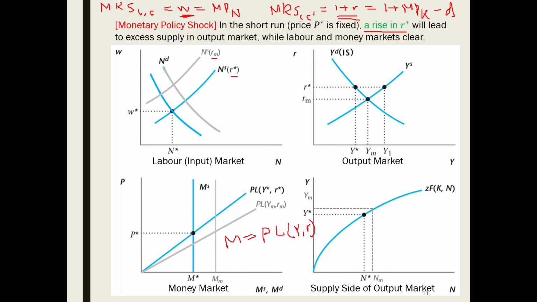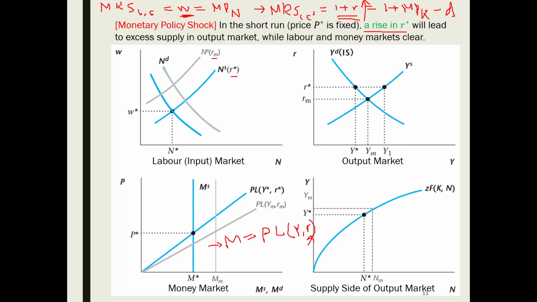Looking at the intratemporal conditions, intertemporal conditions, and the money equilibrium condition, a change in interest rate R will obviously affect the intertemporal conditions, because the intertemporal conditions of the consumer and the firm are linked by 1 plus R. And R enters the money demand function through the liquidity demand L.